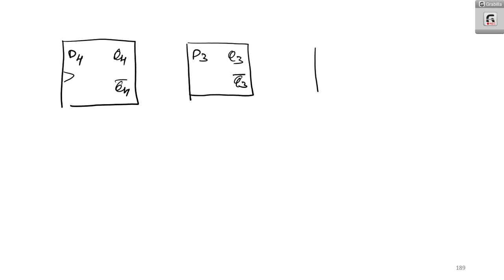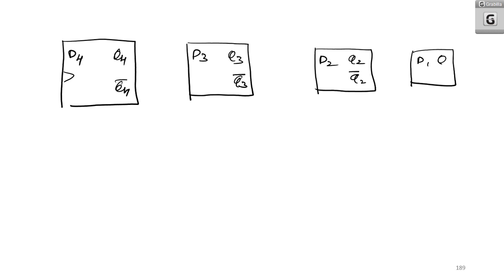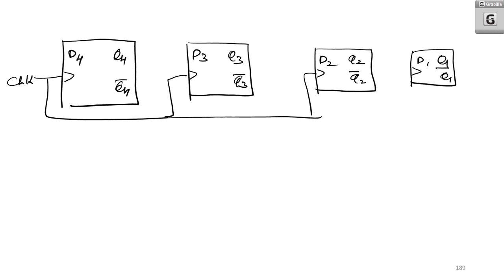Now coming into D2, what you have is Q2 and Q2 bar. Now for D1 what you have is Q1 and Q1 bar, and the clock is common to all of these.